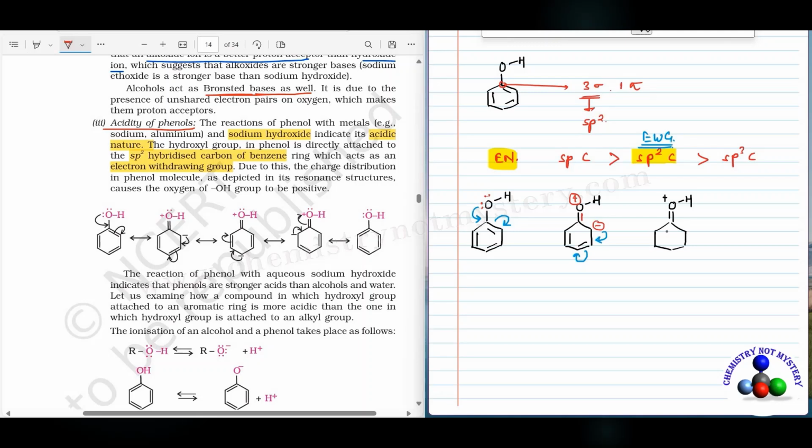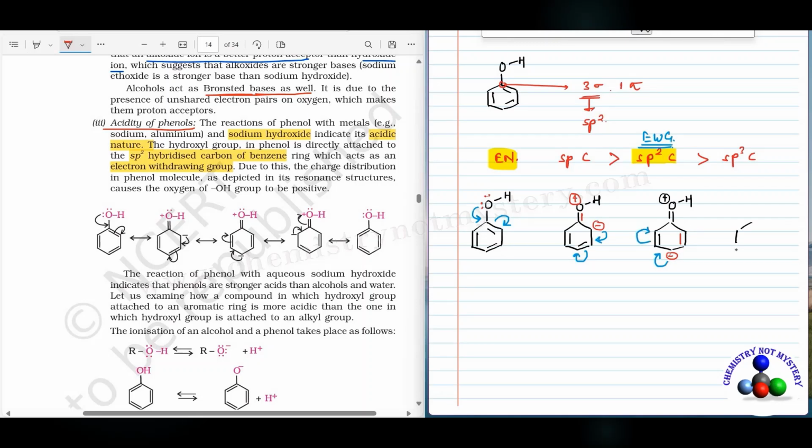This oxygen has a positive charge, this bond will remain as it is, and here a new bond will be formed at this position, and that pi bond moves to the carbon in the form of negative charge. Now draw the next resonating structure. In the next structure, this negative charge will move between these 2 carbons in the form of a pi bond, and the pi bond moves to the next carbon in the form of negative charge.